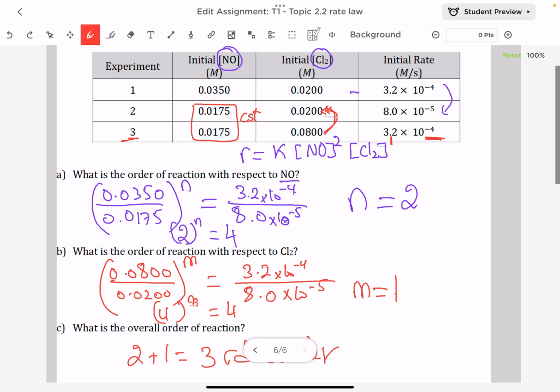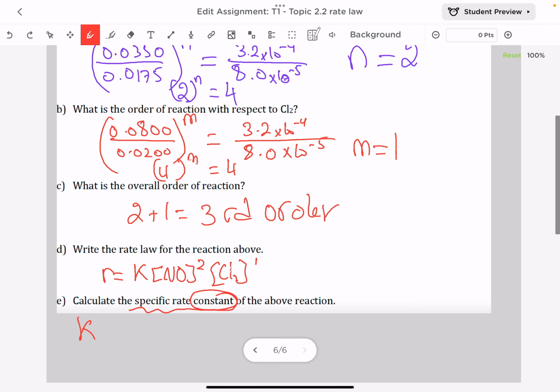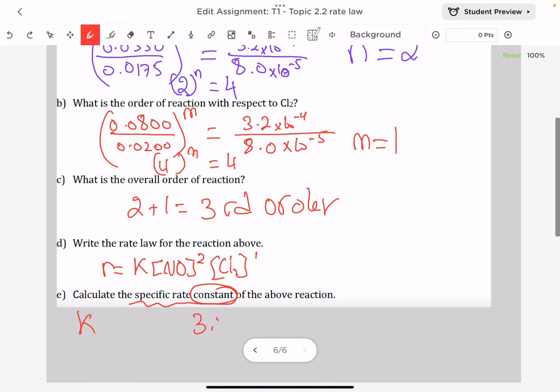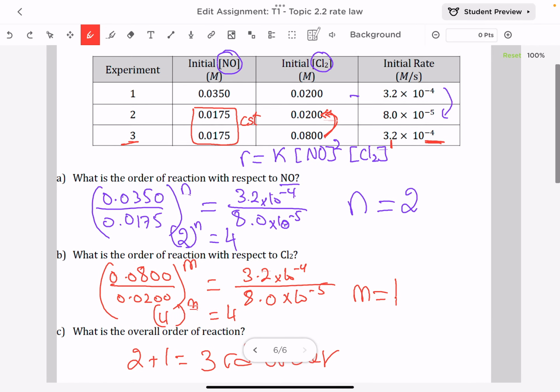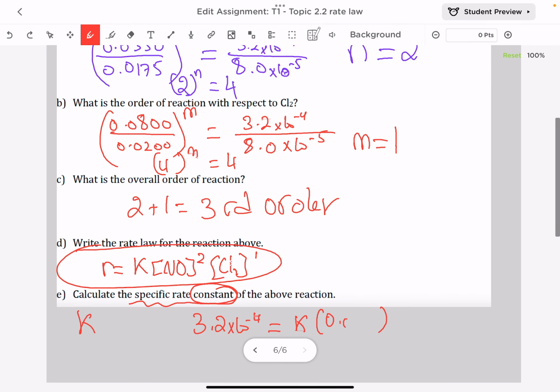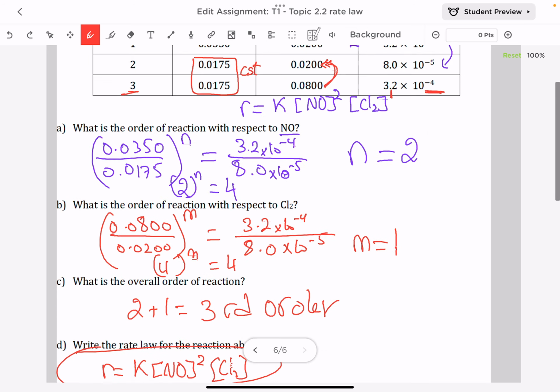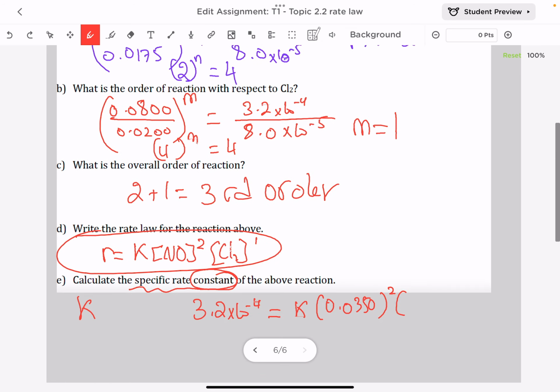So I can take any trial that I want. So let's say I took trial 1. R in trial 1 is 3.2 times 10 to the power negative 4. I'm substituting in this formula. It's equal to K multiplied by the concentration of NO, 0.0350 squared, multiplied by the concentration of Cl2, 0.0200 to the power of 1.